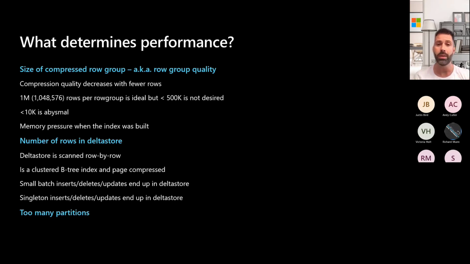Remember, we have 60 distributions, and every distribution will have its own columnstore index. So it's important to understand that the minimum number of rows to use a columnstore index is 1 million multiplied by 60. It means I need 60 million rows in my table.